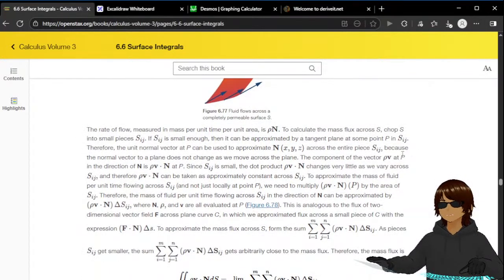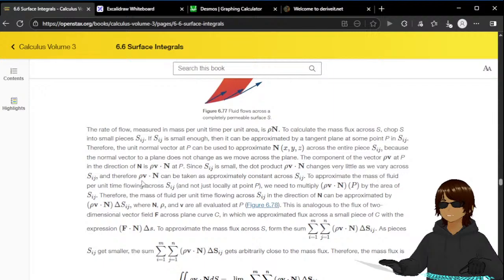The component of the vector rho v at P in the direction of n is rho v dot n at P. Since Sij is small, the dot product rho v dot n changes very little across Sij, and therefore can be taken as approximately constant across Sij.